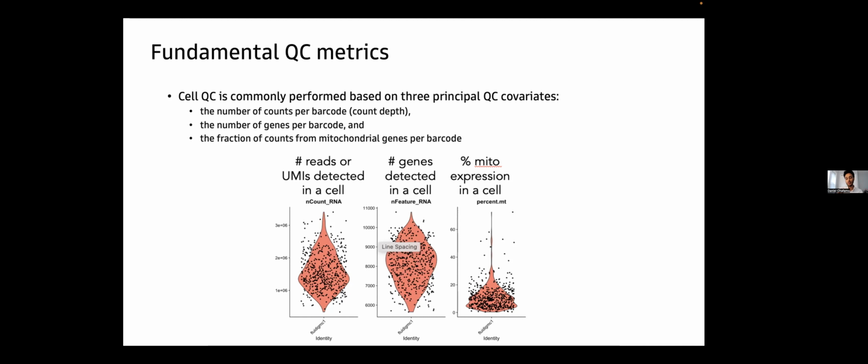So when you sequence a cell that has been damaged or has lost most of its RNA, it will have a very high percent of mitochondrial gene expression, because those genes housed in the mitochondria were preserved. That's why we also filter using mitochondrial gene expression.